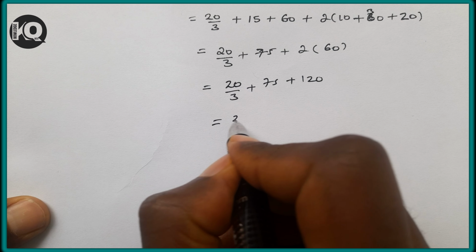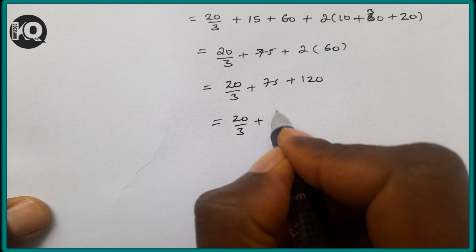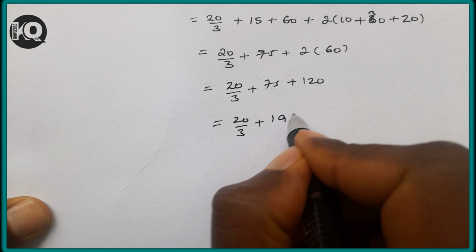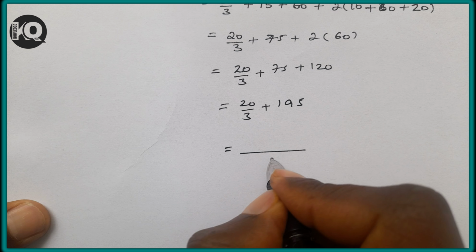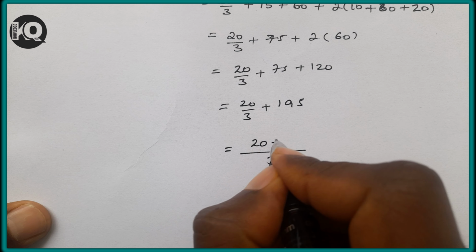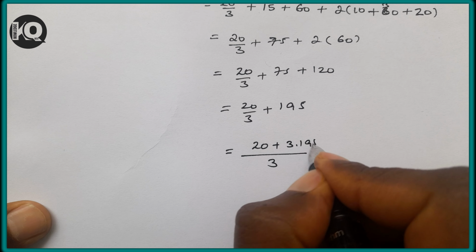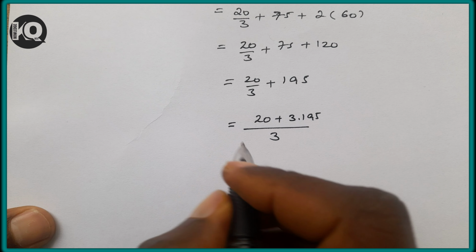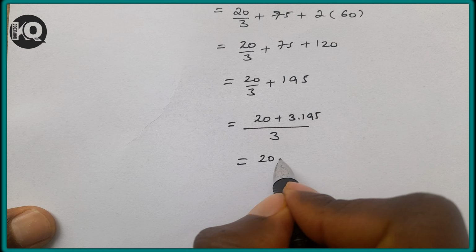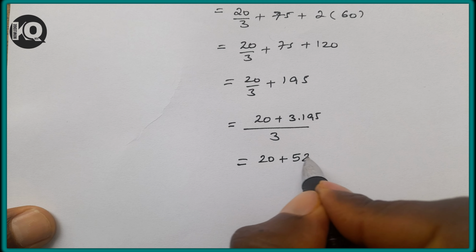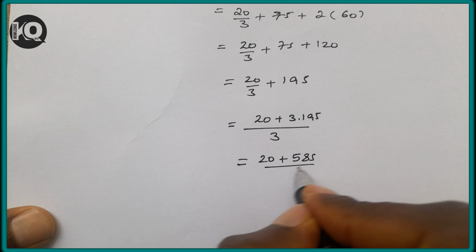Then it will be 20 over 3 plus 195. Taking the denominator 3, it will be 20 plus 3 times 195, which is 20 plus 585 divided by 3.